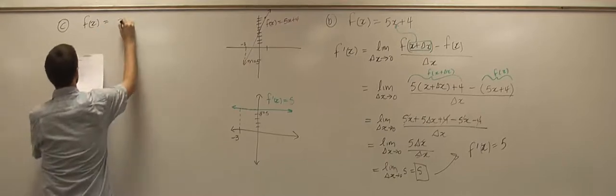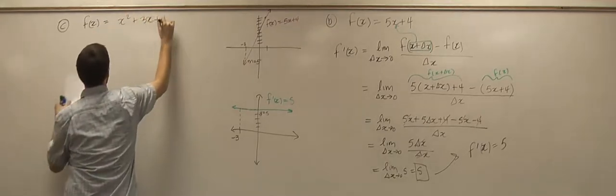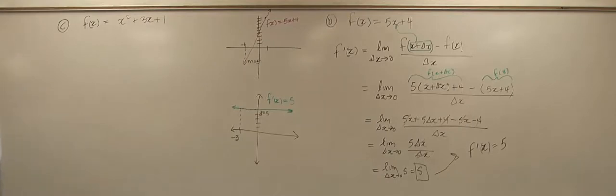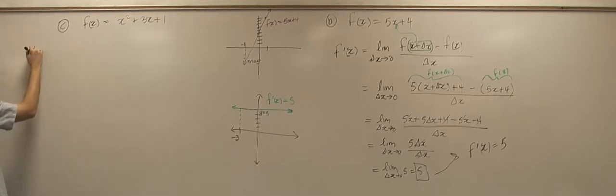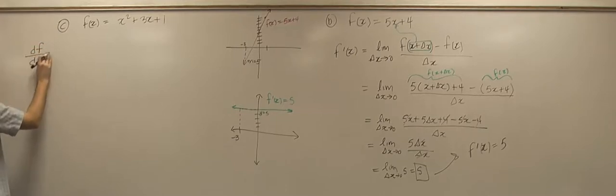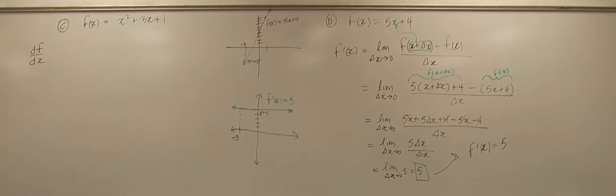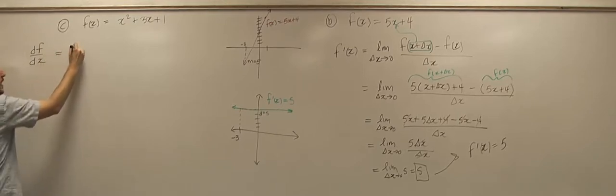So we'll give you this guy, x squared plus 3x plus 1. If I want to find my derivative for this, I'm going to use a different notation. So it uses df dx, the derivative of this function with respect to x, equals. I do the same limit.